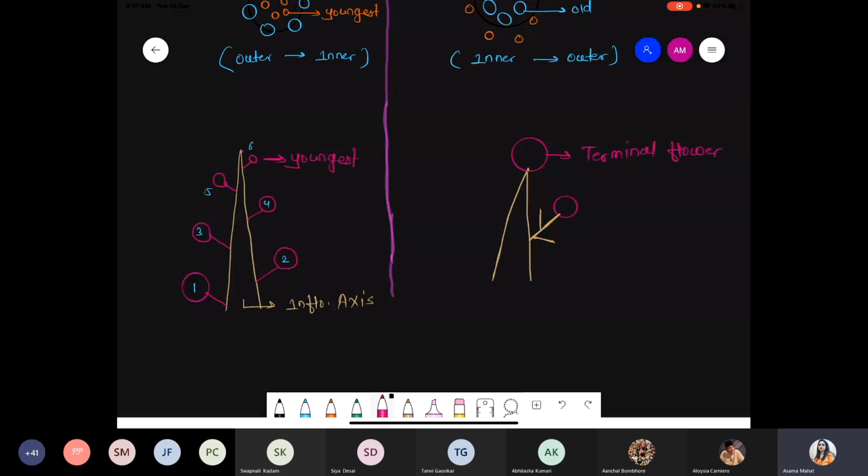So I am giving the numbers: ये number 1, number 2, number 3, and finally number 4. Whatever is toward the base is obviously the youngest flower. Youngest flowers are present at the base. Why? Because the mature or old flowers occupy the apex position. So all the youngest flowers are located toward the base. That's why this is called the basipetal type of arrangement.